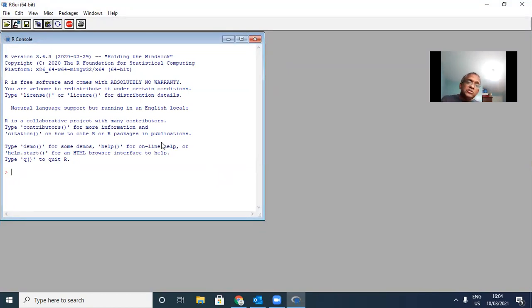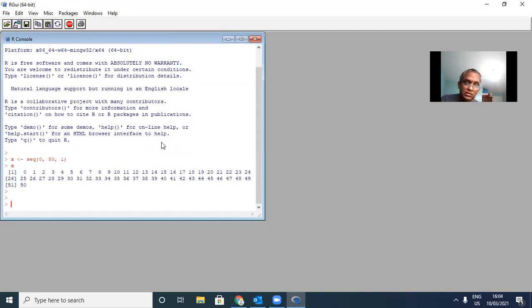The first thing I'm going to show you is how to draw the probability mass function of the binomial distribution. So I'm defining a sequence of numbers 0 to 50, and I'm going to compute the PMF of the binomial at x. Remember, binomial has two parameters.